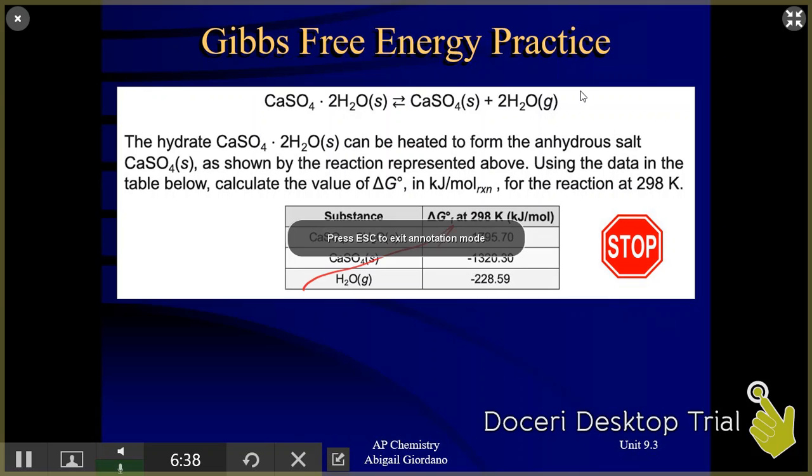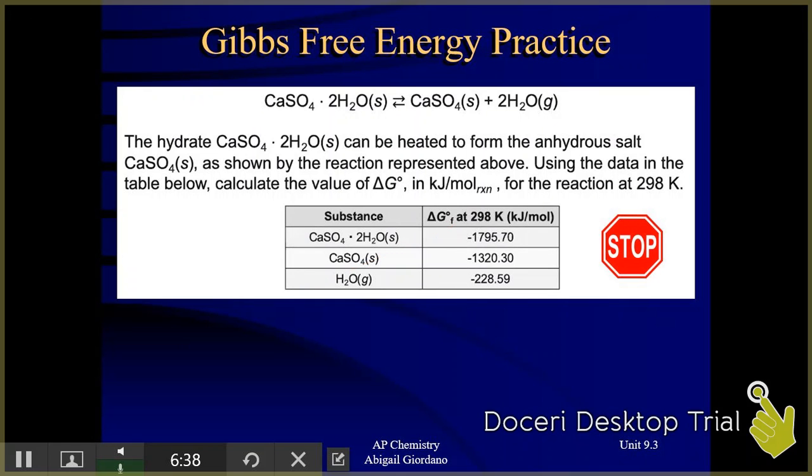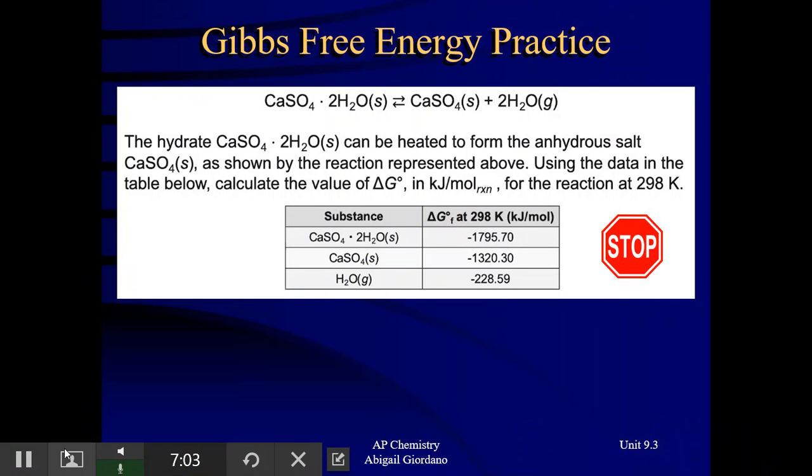I see that little subscript F. I always tell my students, when you see that little subscript F for formation, I want you to think products minus reactants. And that's exactly what you're going to do here. So I want you guys to try this, plug the numbers into that equation, see what you get. All right, let's check your answers.